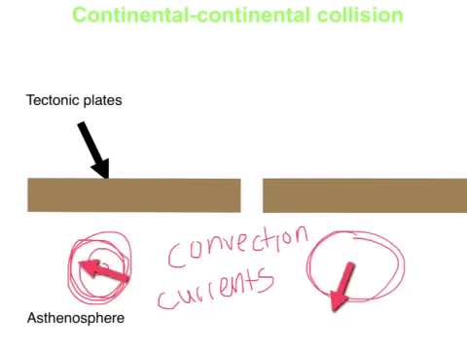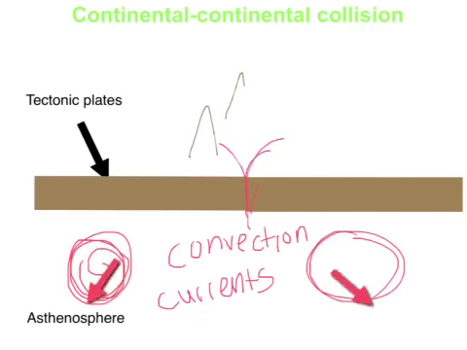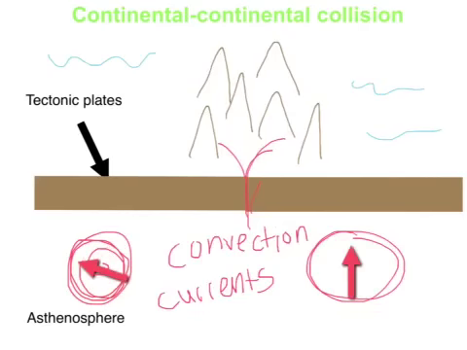And this causes the two tectonic plates to crash together and magma to spread out. It also creates mountain ranges, like the Himalaya Mountains. In the midst of all this, earthquakes usually happen, whether they're big or small.